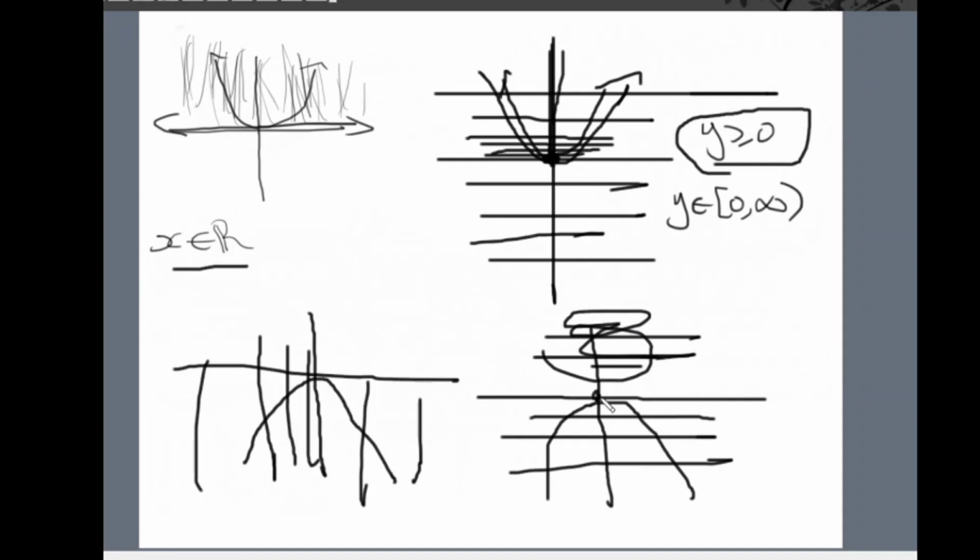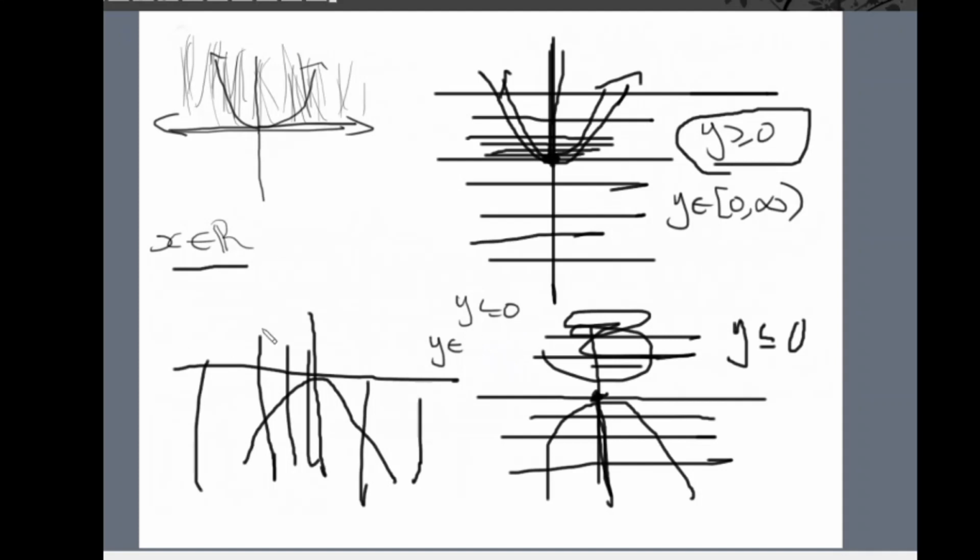So in this case the range will be all the y values less than or equals to 0. So the range is y is less than or equals to 0, or the range is y is an element of minus infinity to 0.